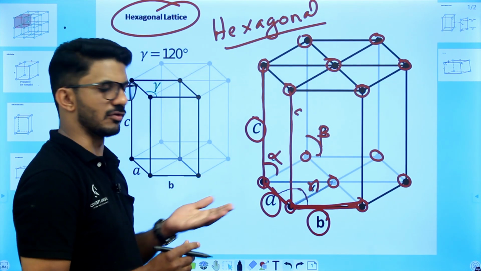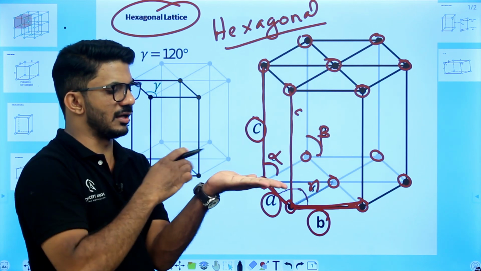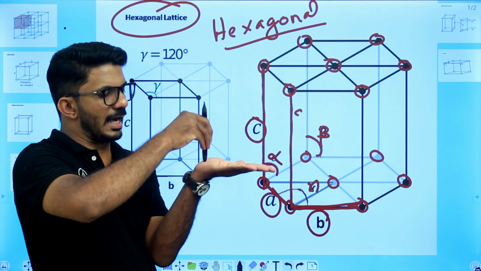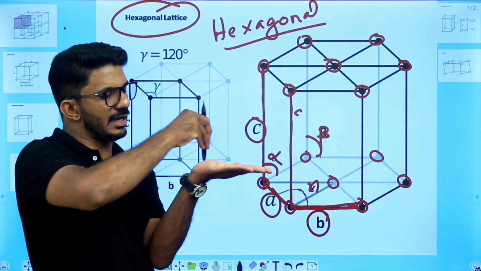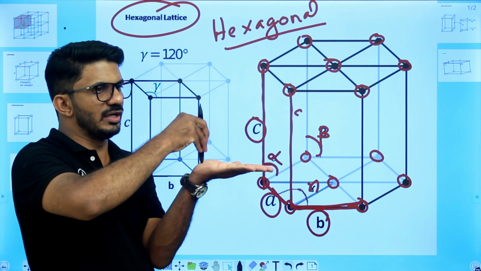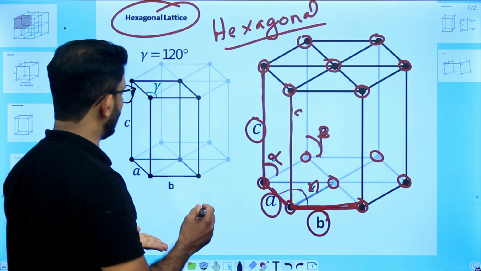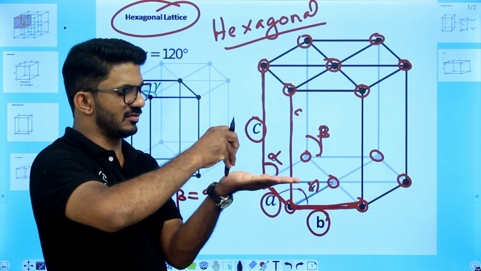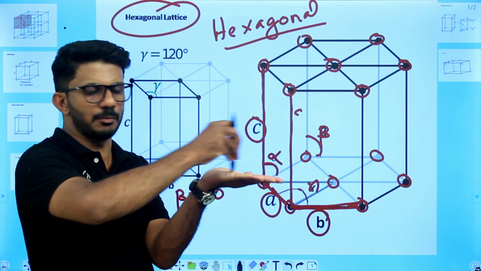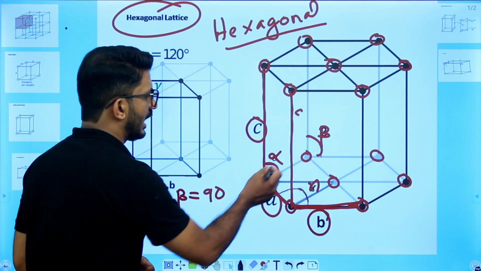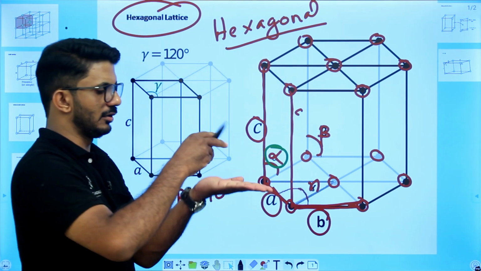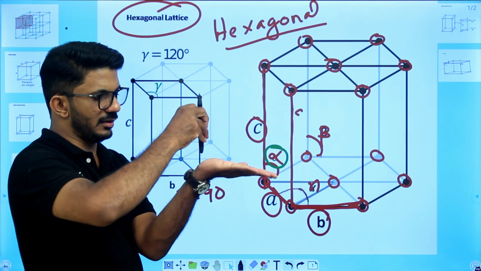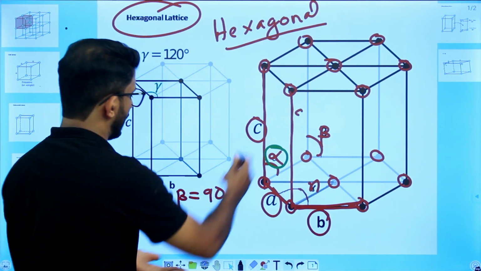What are the specifications of a hexagonal lattice? If this is a two-dimensional hexagon, here A, here B, and C is like this. The angle between C and A is perpendicular. Beta is equal to 90 degree. The angle between C and B is alpha.